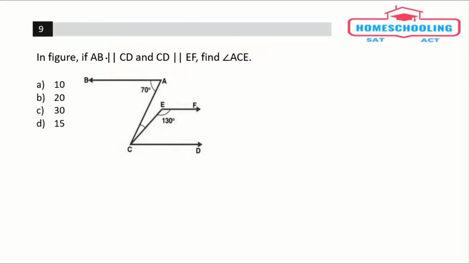In the figure, AB is parallel to CD. If we extend this line like this, and if we see this one as a transversal line, so if this angle is 70, then this angle would also be 70.